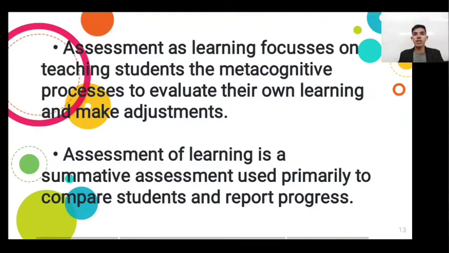Paano to? So, in assessment of learning, dito, it is about reporting the progress of the students. So this is just about giving examinations to the students, giving your summative exams, long quizzes, and etc. So, kung yung assessment for learning happens before or during discussion, pwede dun yung mga activities and then performance tasks.